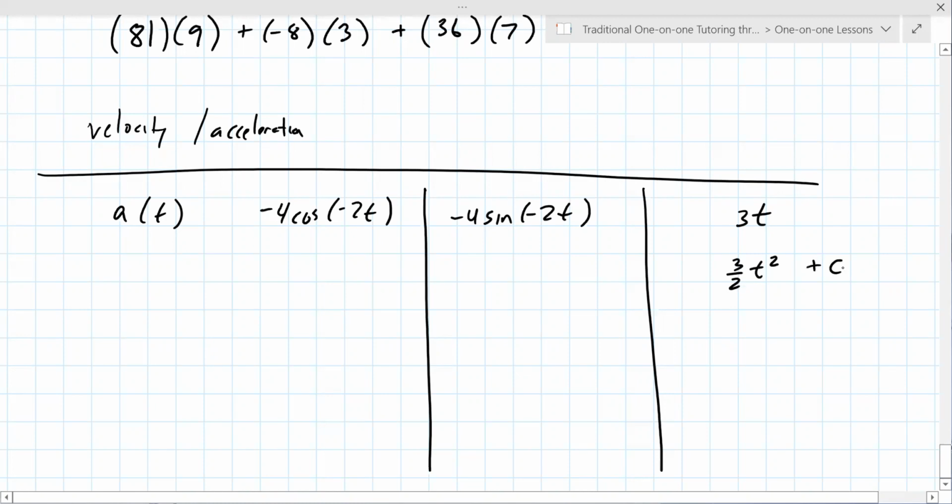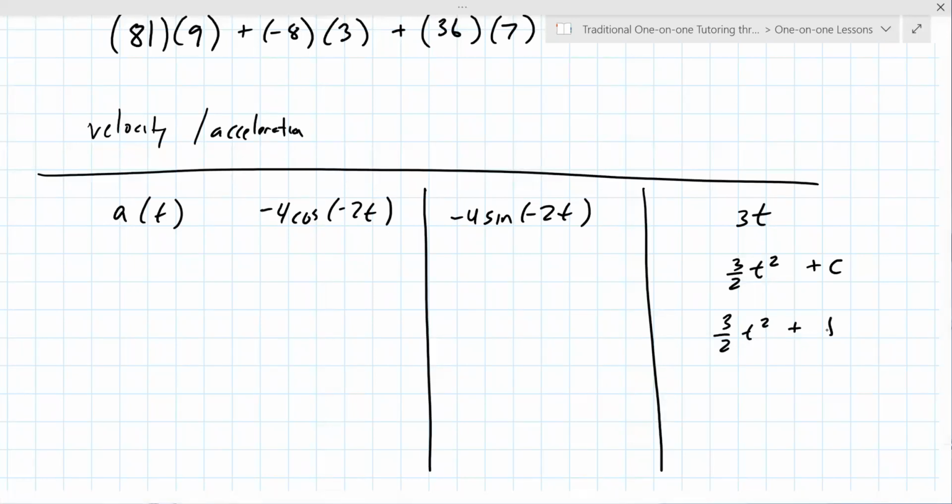Right. And that's where that v of 0 comes in. We did something like this in class. Because it's a polynomial, you can just assign the constant to be that value. Now where it gets more involved, it's just calculus, and it's a lot of back and forth, derivative, integral.